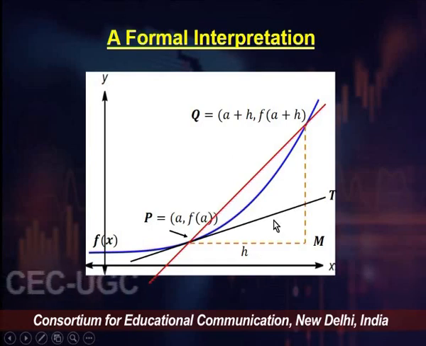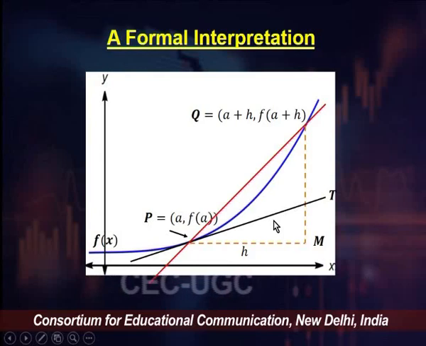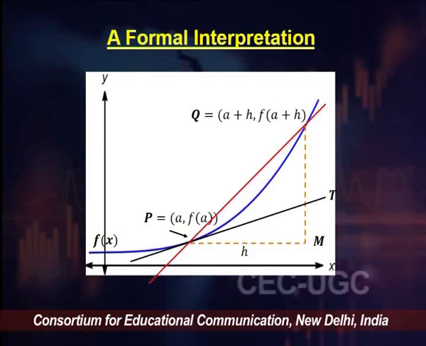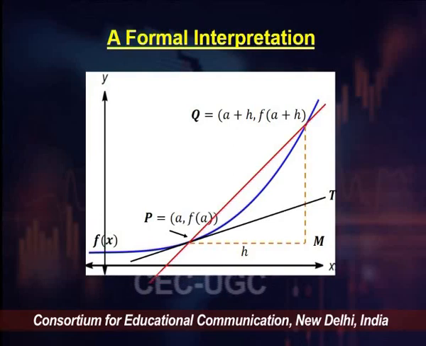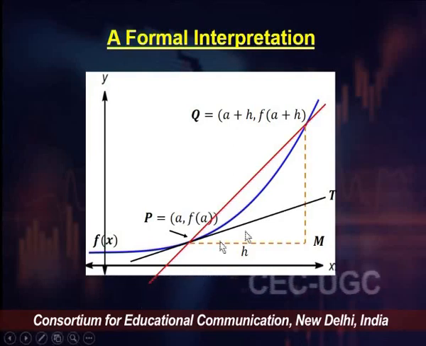Now coming back to the tangent line, because this is nothing but the secant line which tends to the tangent line as Q comes closer and closer to P. So now we are in a position to talk about the slope of this tangent line PT, which is nothing but our derivative.